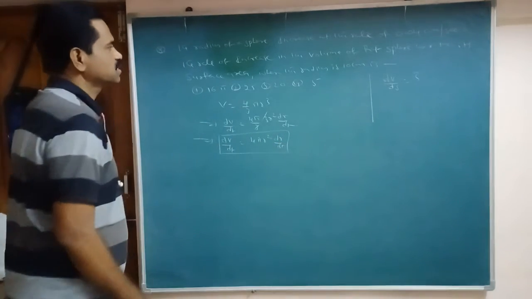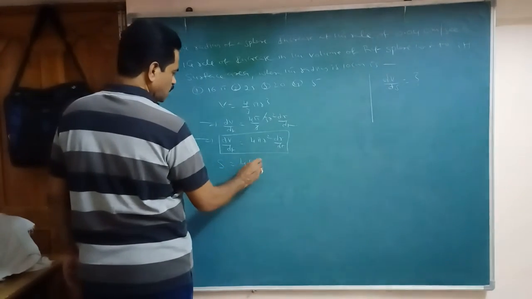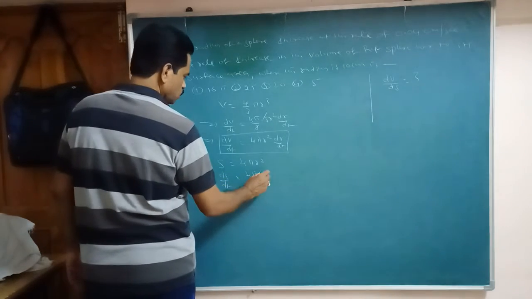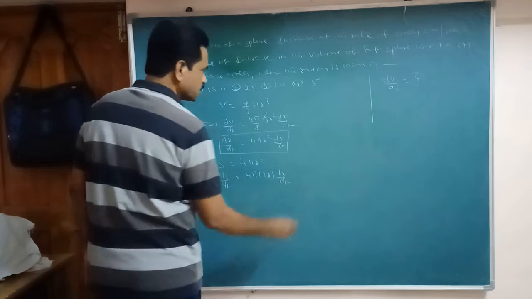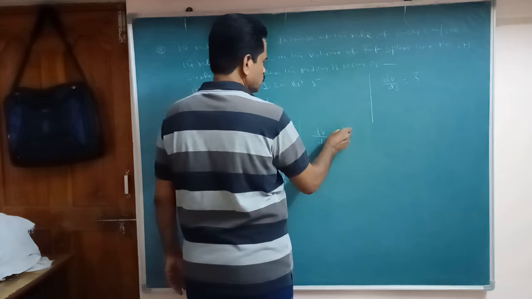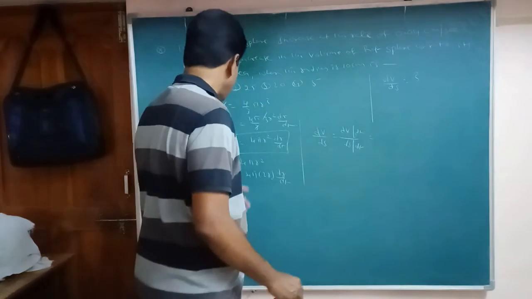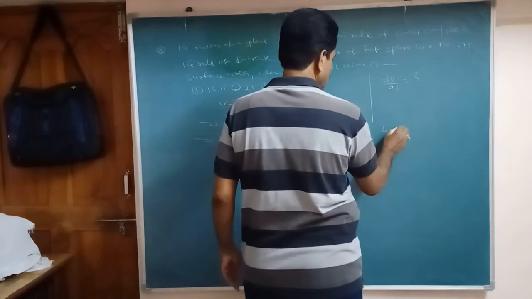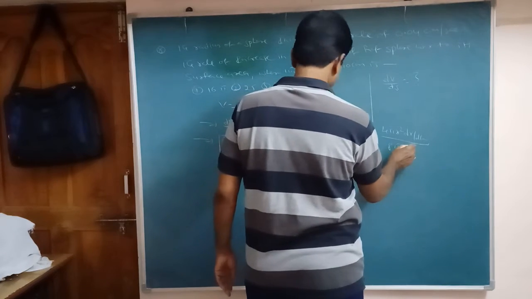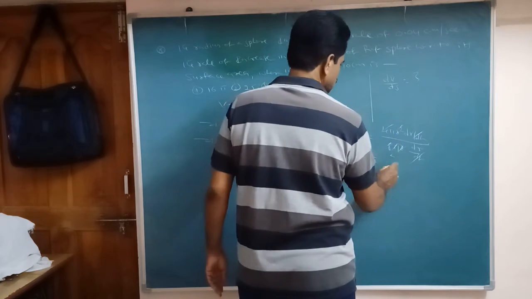Next the surface area: S equals 4 pi r square, so dS by dt equals 4 pi into 2r dr by dt. Here dV by dS equals dV by dt divided by dS by dt, which is 4 pi r square dr by dt over 8 pi r dr by dt.